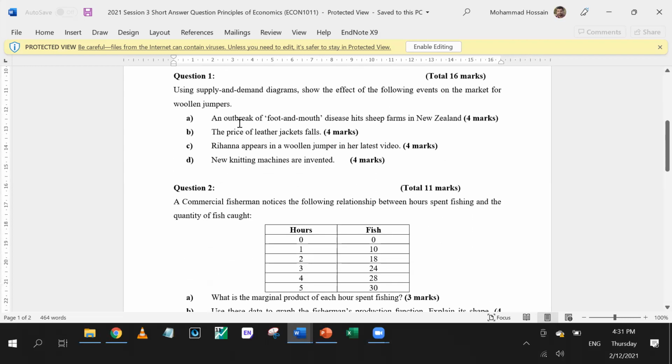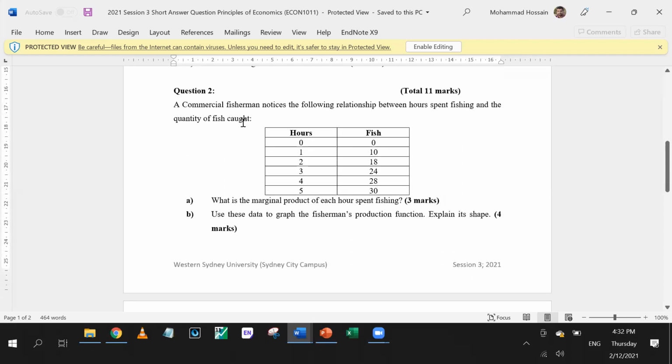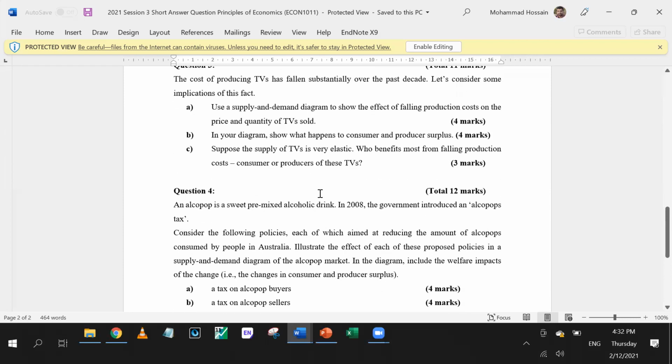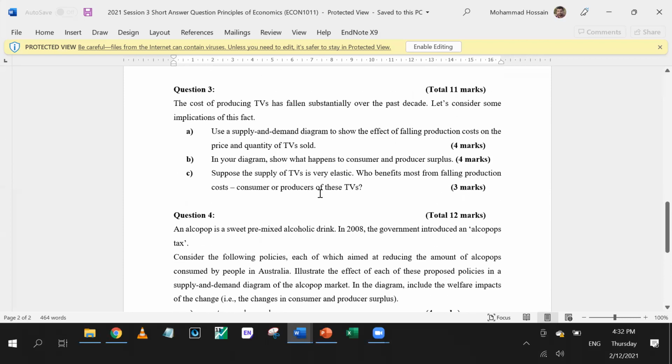So here are your 4 questions. In a demand and supply diagram, show the effect of the following events in the market for woolen jumpers. It's sort of the same as your workshop and quiz questions.